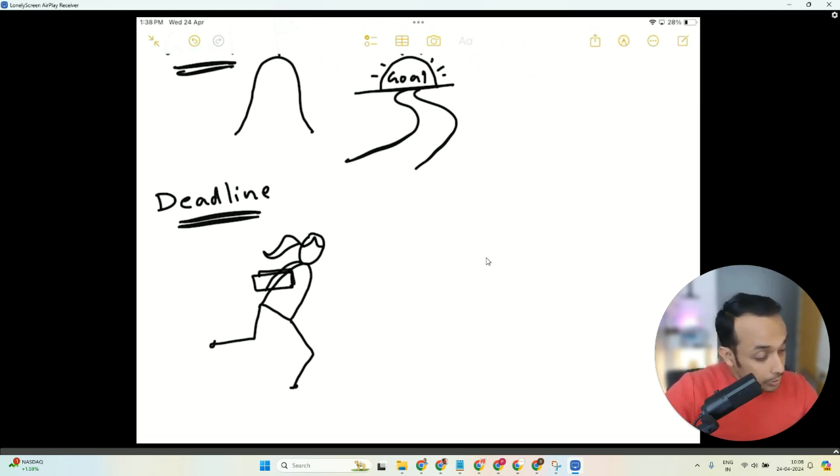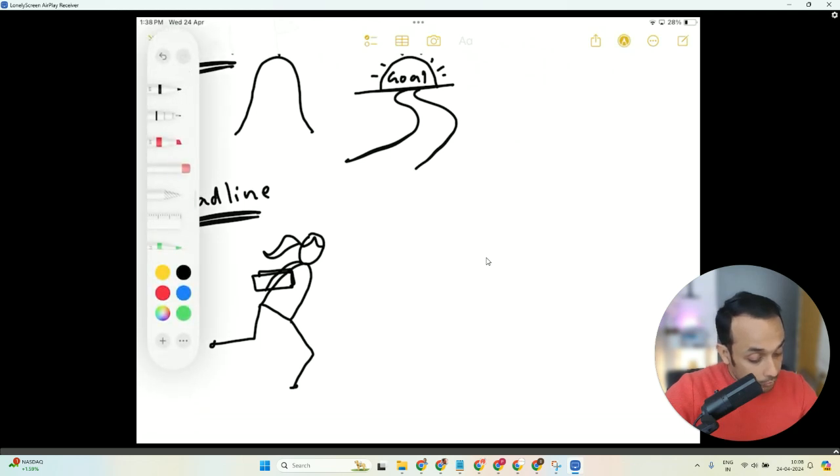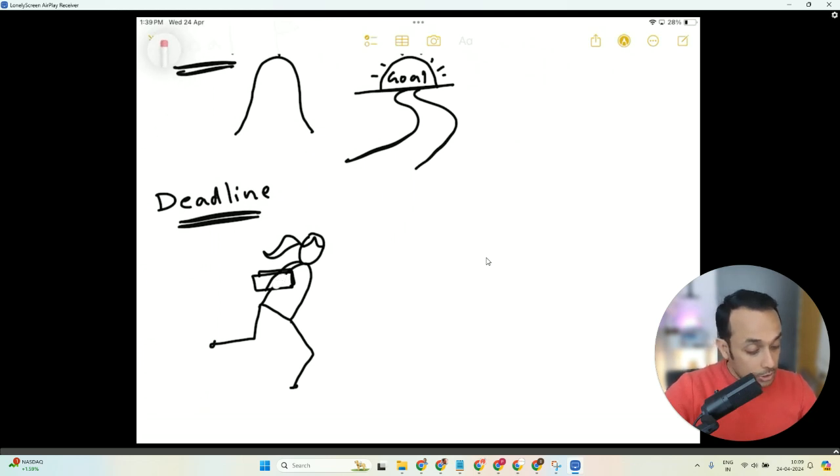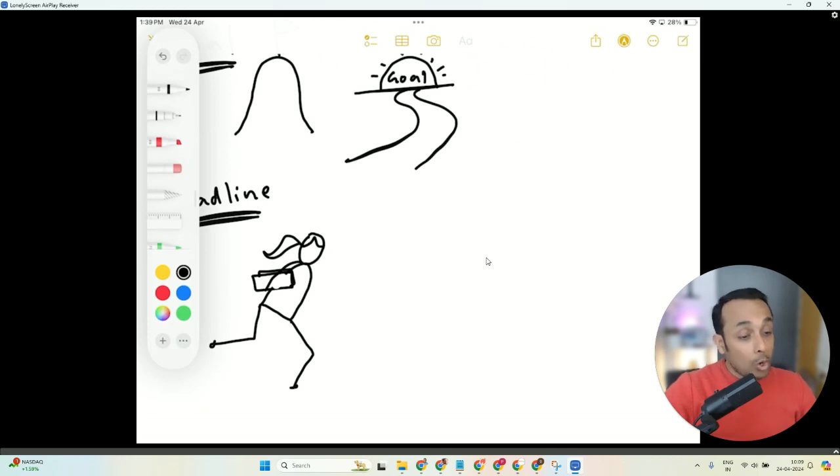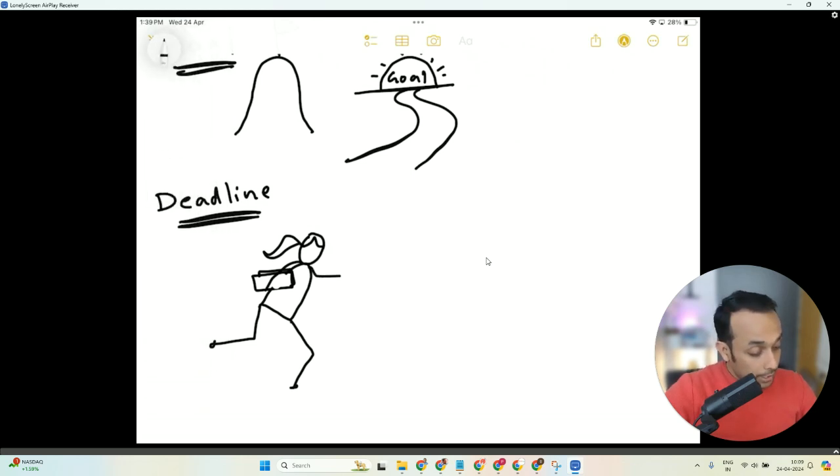Because I'm using a digital pen, I can delete a few things, but if you are not able to delete, not a big deal. So I am deleting this side. So she is holding a lot of files, and what's in her hand? So this is the hand, and what she has in the hand is a bomb, but this bomb is made of time because it's deadline. So that's how you can show deadline.